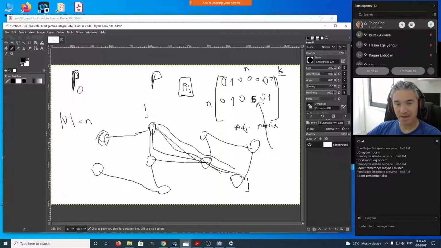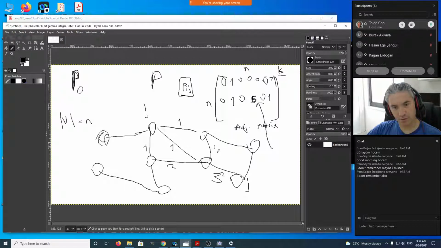So how many edges does each of these simple paths have? For example, this one has 2 edges, this one has 3 edges. And this one also has 3 edges. Actually there's another path of 3, 1, 2, 3.